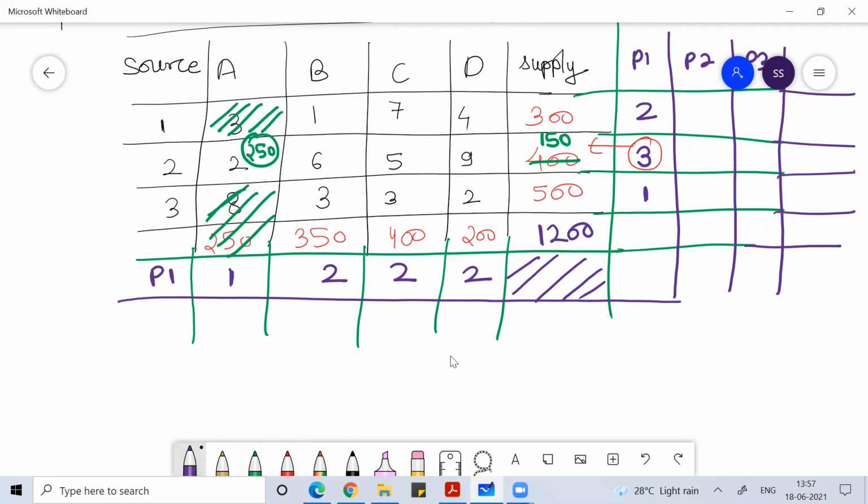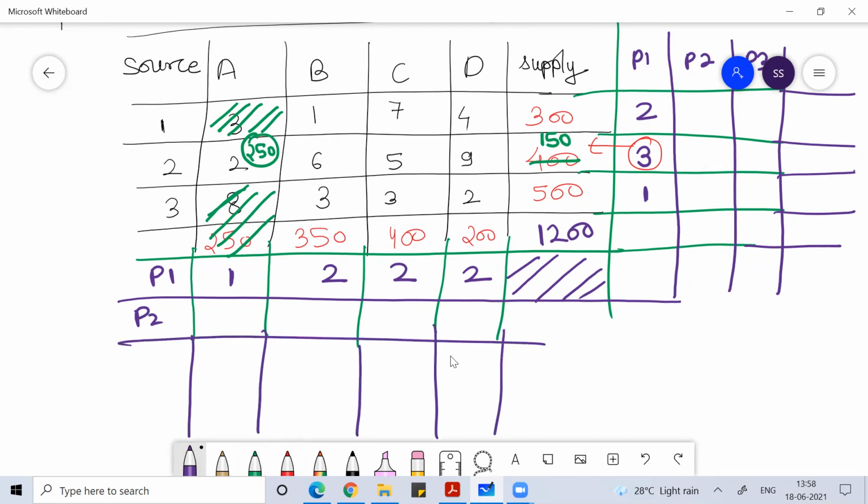Now I'll find the second penalty. This column is done. This column 2, this column 2, this column 2. This row 4 minus 1, 3. This is 6 minus 5, 1. This is 3 minus 2, 1.